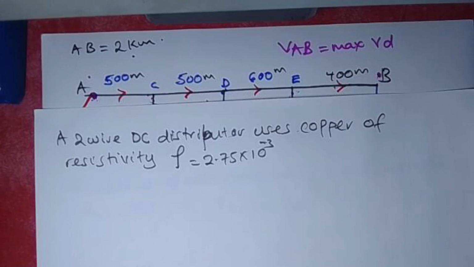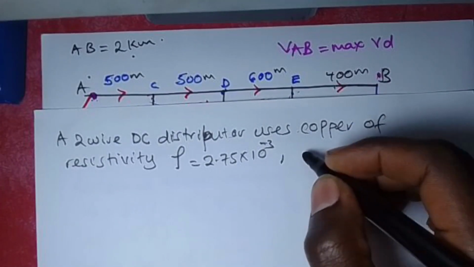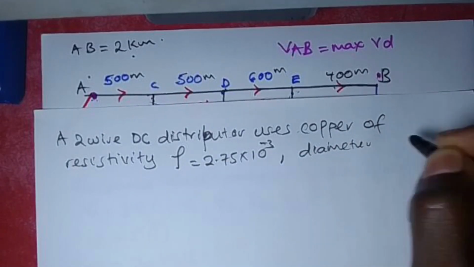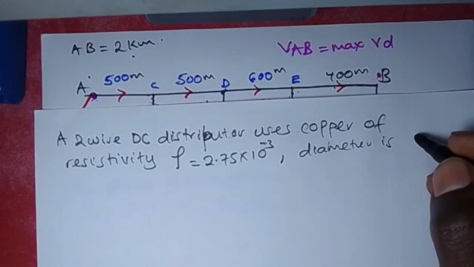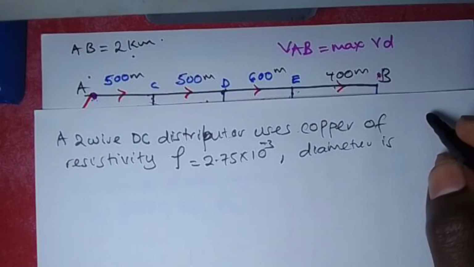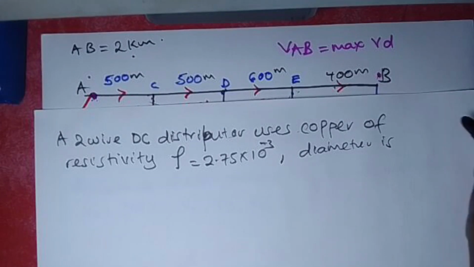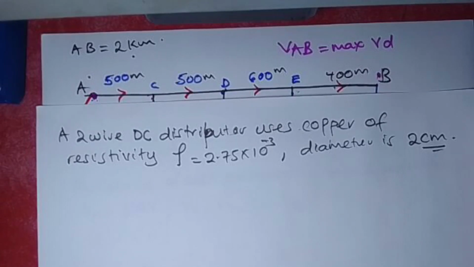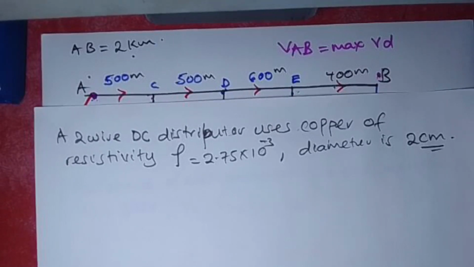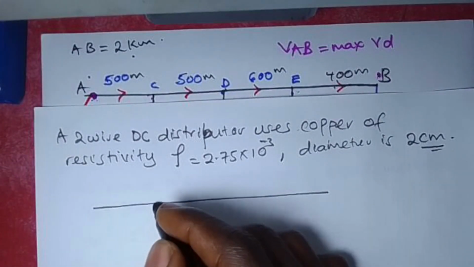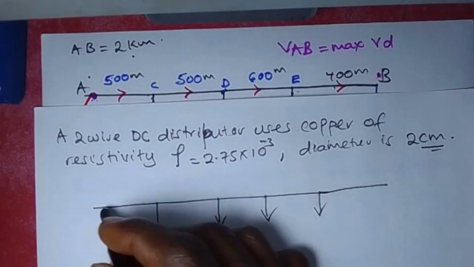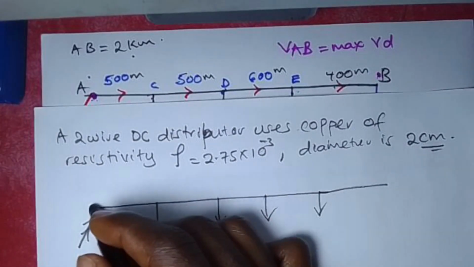So it is a two-wire DC distributor having that resistivity, and then they can give you the diameter of the conductor used. Let me say the diameter is 2 centimeters. Now they give you all the other specifications of the line, the distances, and the loads being tapped off at particular points along the conductor, and generally everything looks the same.